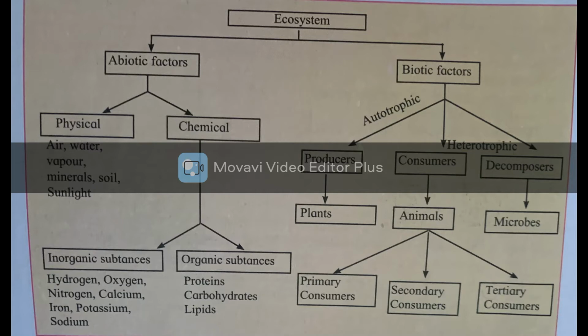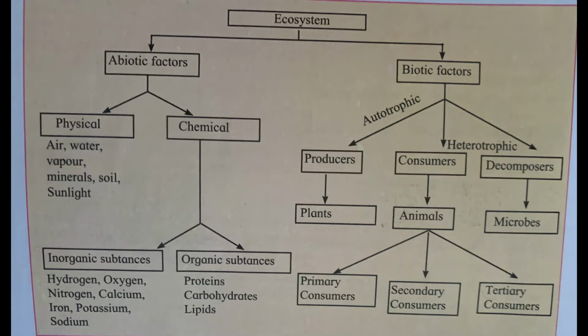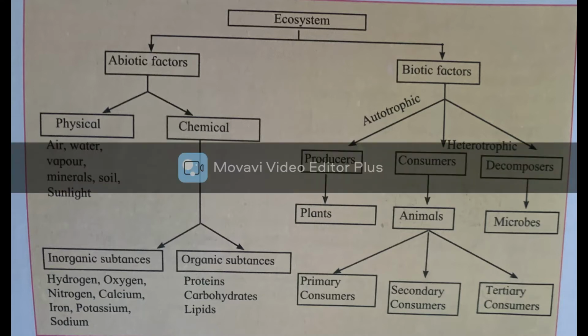In chemical, there are inorganic substances and organic substances. Inorganic substances are hydrogen, oxygen, nitrogen, calcium, iron, potassium, sodium. And in organic substances, proteins, carbohydrates and lipids are there.